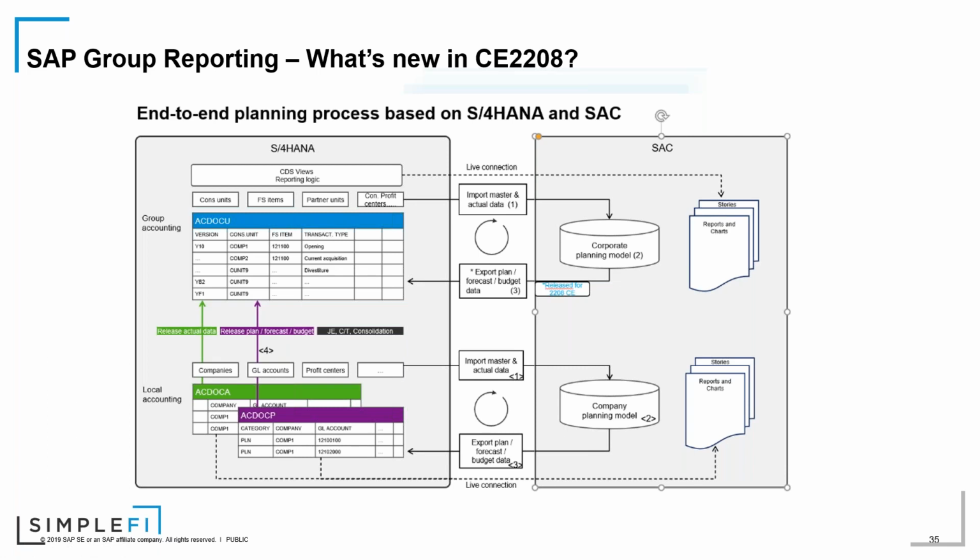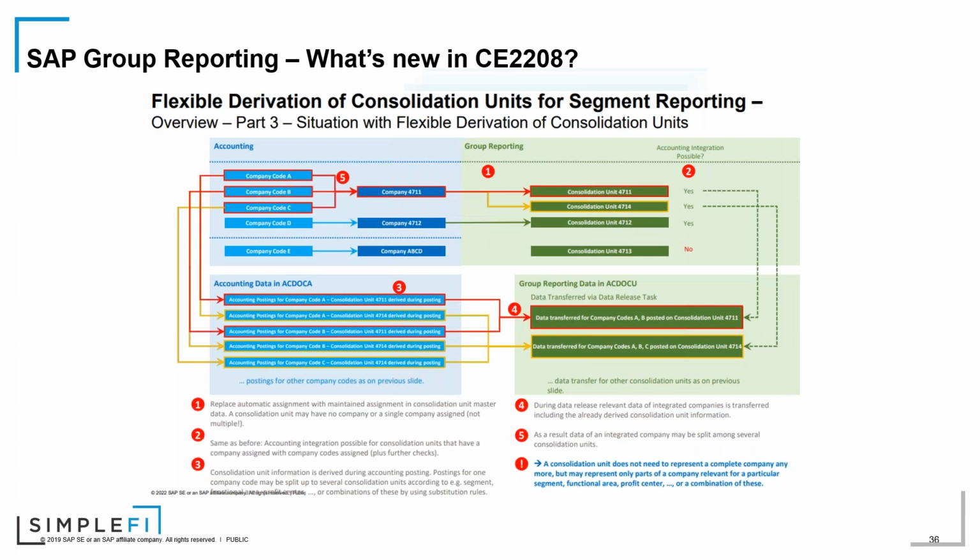That gives you a lot of flexibility. You can take that planning data and send it back, but also run additional calculations and have specific KPIs that exist in SAC. So there are a lot of capabilities if you bring it into a planning model.